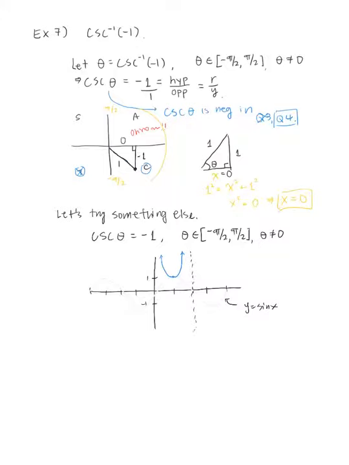So this will be pi, and our graph is going to go like that. This is 2 pi, vertical asymptote, and oh my gosh, negative 1 is right here, sorry.